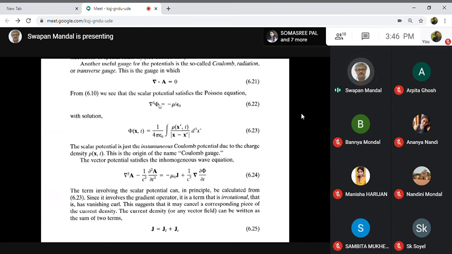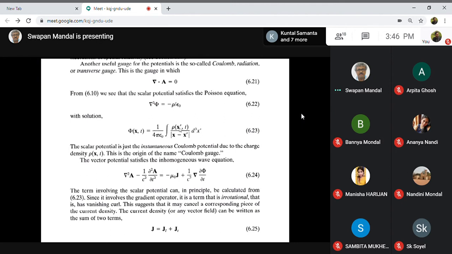Here, phi is not a function of position alone. It's a function of position as well as time. Therefore, phi is a function of x and t: 1 by 4 pi epsilon 0, integral of rho as a function of x prime and t, like this, d cube x prime. But here, you cannot have explicit dependence on time t. In other words, you do not have any explicit time dependence here.